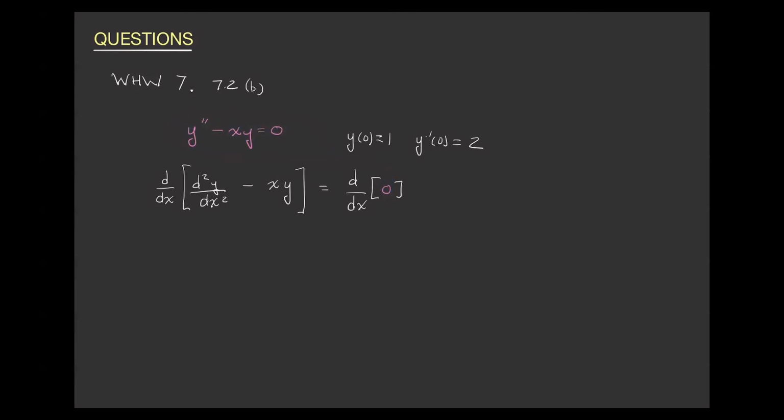Of course, on the right-hand side, we'll have 0. But then on the left-hand side, since the derivative is linear, we can distribute it across this difference, and we end up with the third derivative of y with respect to x. And then we have the derivative with respect to x of xy, like so.